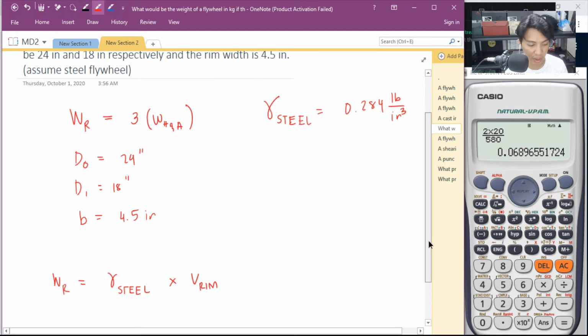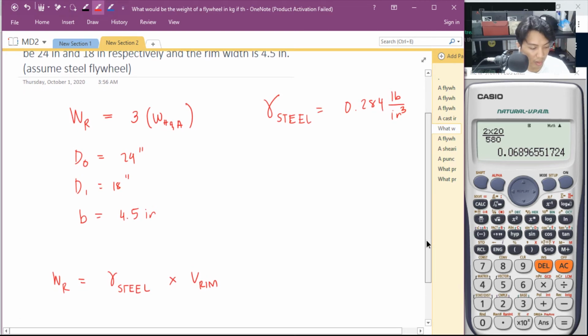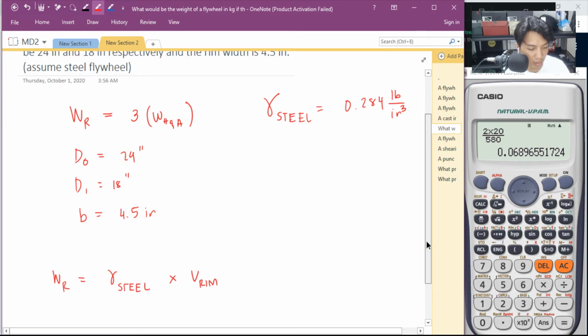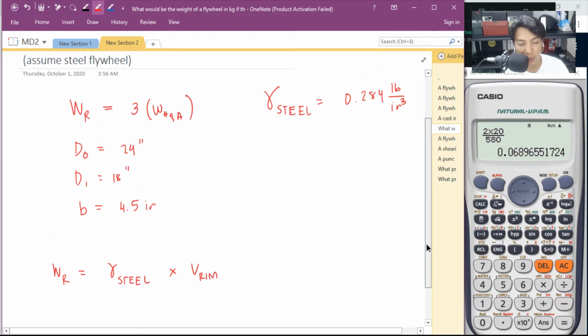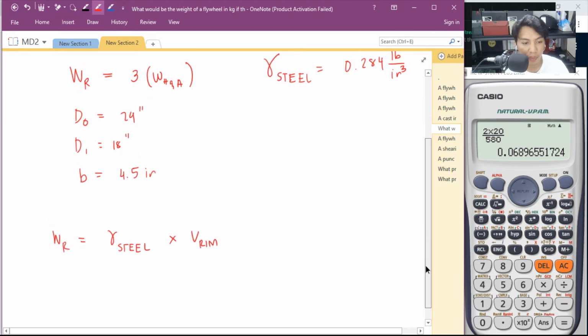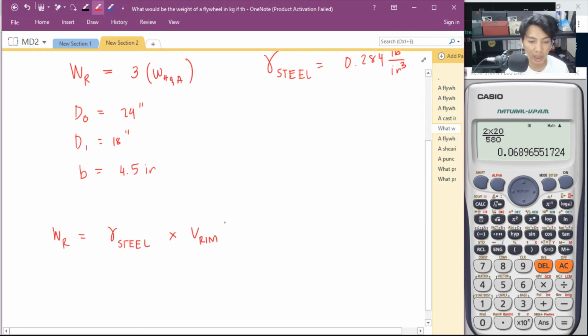Was any thickness given here? Even without thickness, we have DO and DI. So, let us extract the volume. When DO and DI are given, the volume is pi over 4 times DO squared minus DI squared, multiplied by the width of the rim.